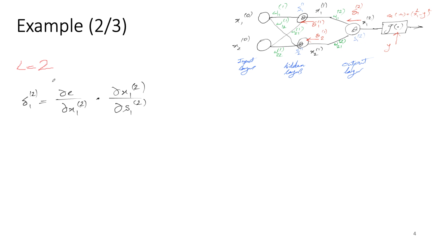So using the chain rule that I talked about last session, we can expand this to partial E over the output xl multiplied by partial x1 of 2 over s1 2, because this is the incoming node to the output, right?